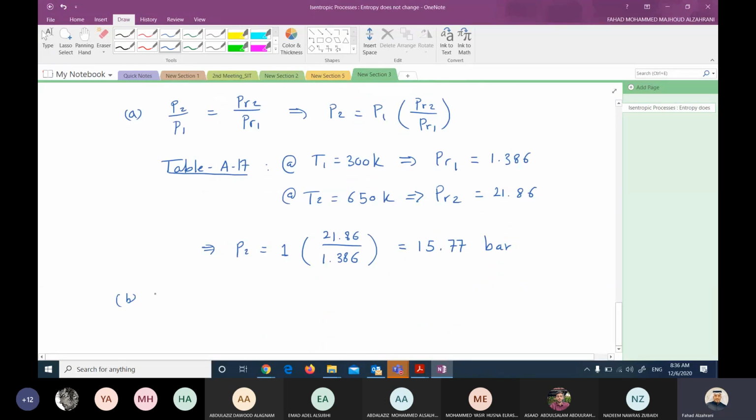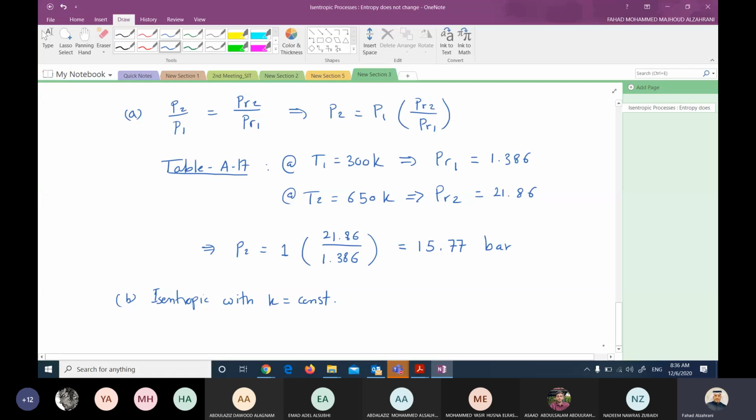Using the constant specific heat, this is isentropic with K equal constant. We have clear relations.